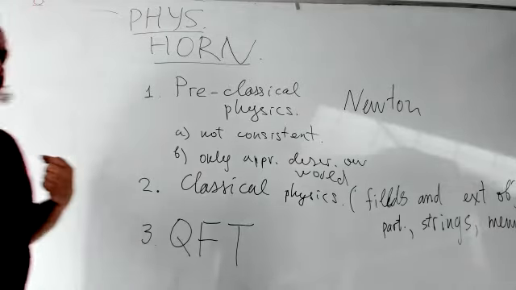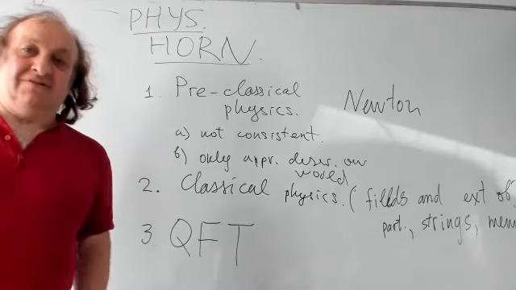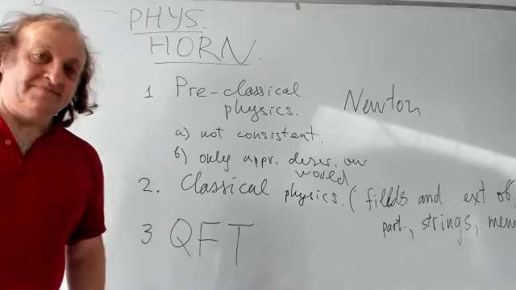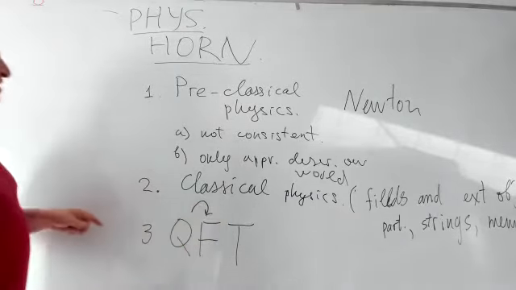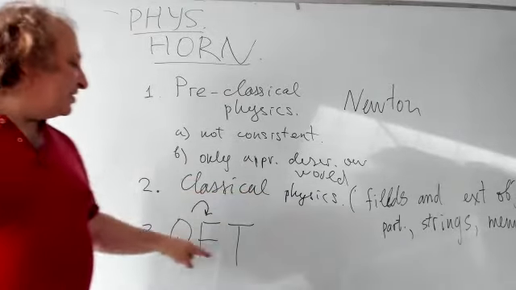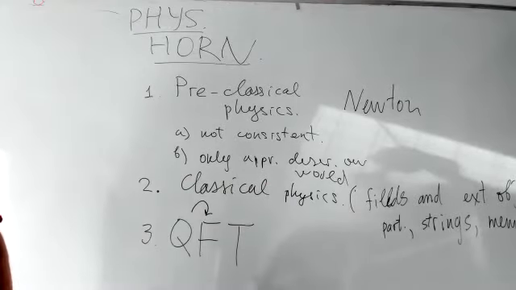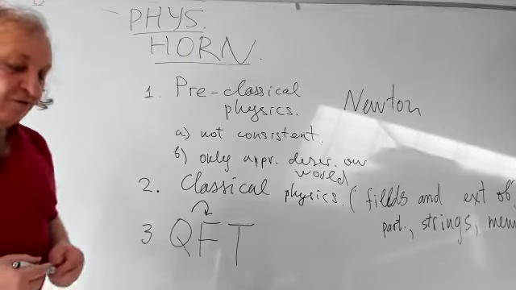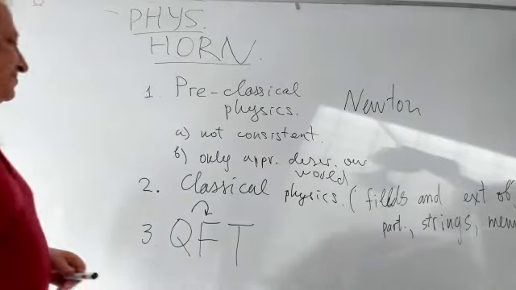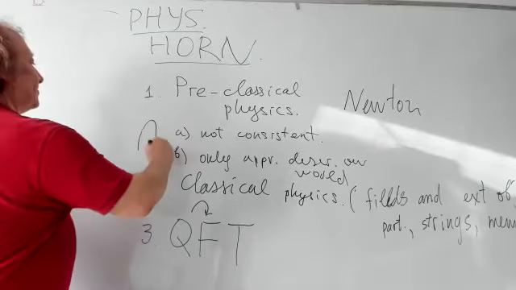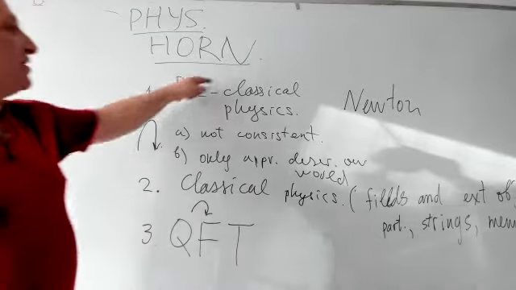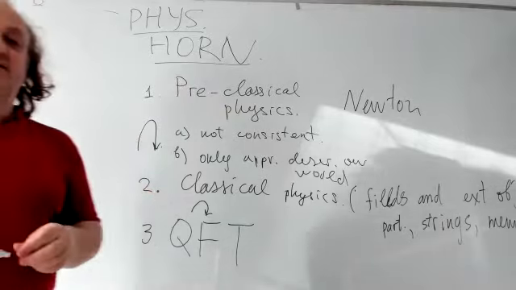Actually, there were two revolutions in science. One revolution is going from classical physics to quantum field theory. Another revolution was a hidden revolution. It was going from pre-classical physics to classical physics.